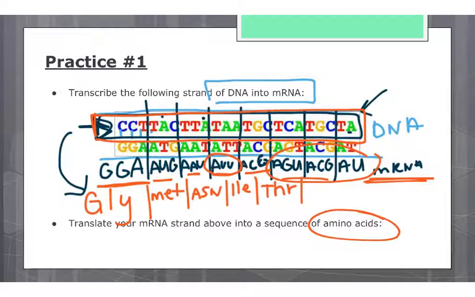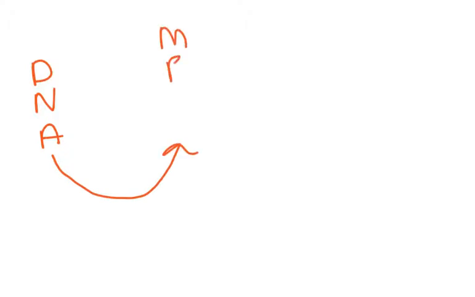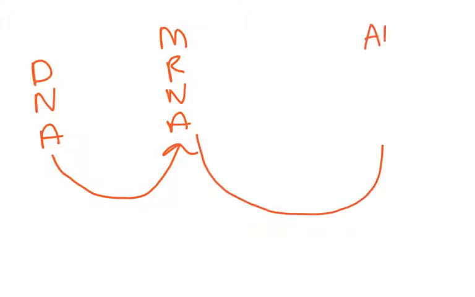But the important thing here, guys, is that we have taken a DNA, we have turned it into our mRNA, and we have then turned it into an amino acid. So just to kind of give us a bit of an idea, our DNA goes to here. In order to get mRNA, I have to start with DNA. mRNA can then turn into the amino acids. So it's kind of like a flow chart.